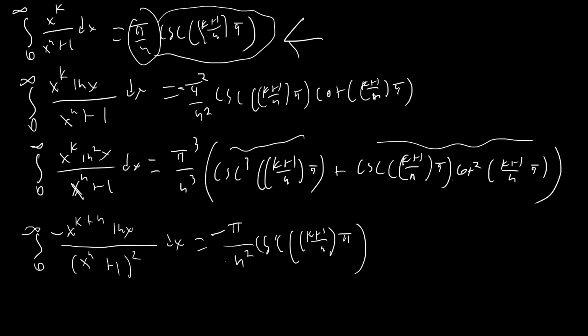And then now we have to differentiate this one. We're going to end up with negative pi over n cubed. Actually, we're going to end up with positive because we also have the cosecant cot. I'm just going to write it like that. Cosecant of k plus 1 over n pi times cot of k plus 1 over n pi. I'll just interchange these negative signs, multiply by negative 1 on both sides.